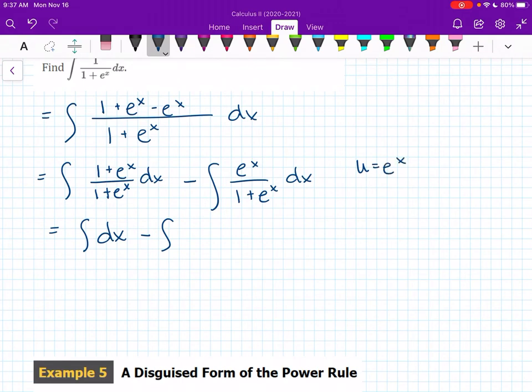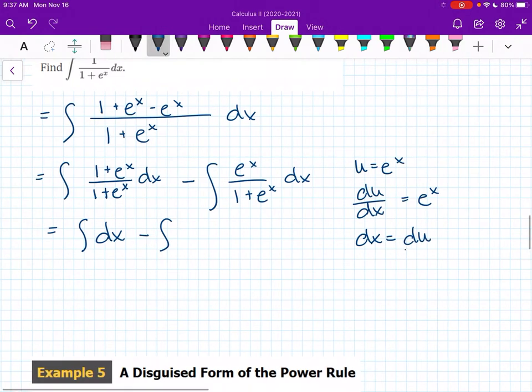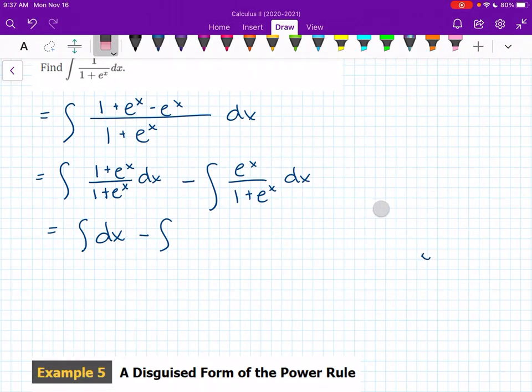If you want to let u equal e to the x, you can do it that way, but actually, here's what I'm going to do.